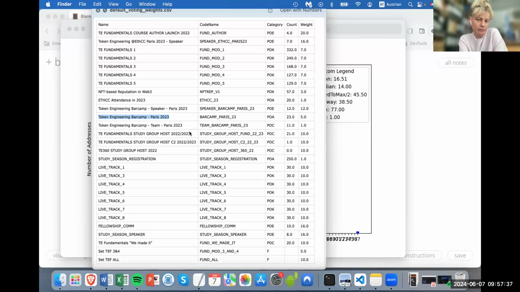Fellowship committee: here we selected 5 people with great experience in the field. That's why it's 16. Also study season speaker. I mean, look at the lecturers. And then the highest weight goes to the course authors, because they basically invented what makes up this discipline, what defines it, how the token engineering process looks, and invested a lot of thinking and work in it.